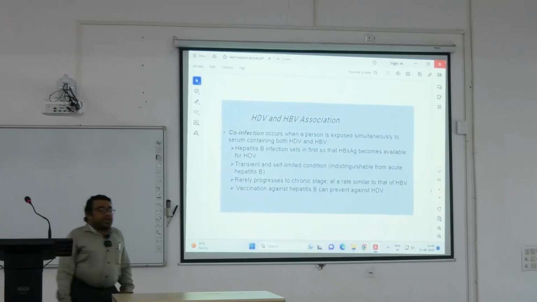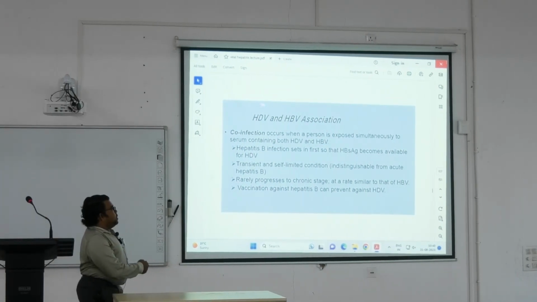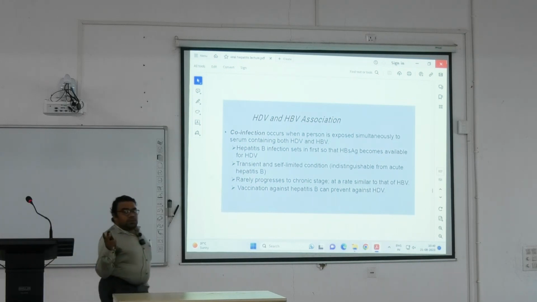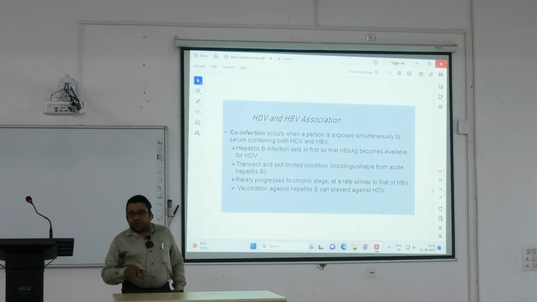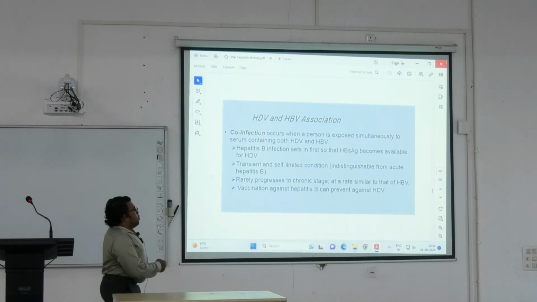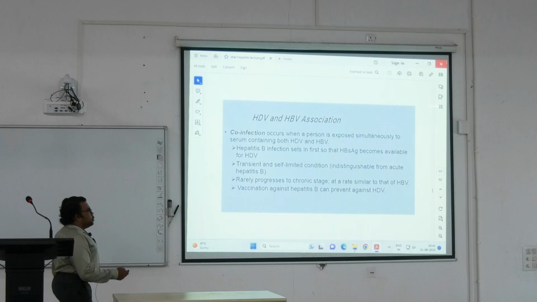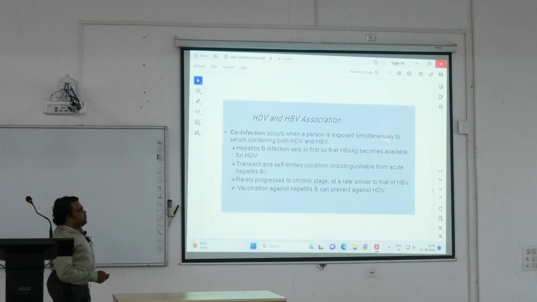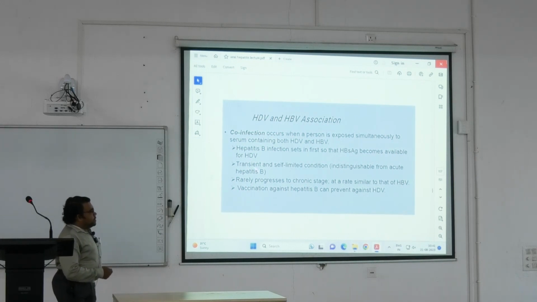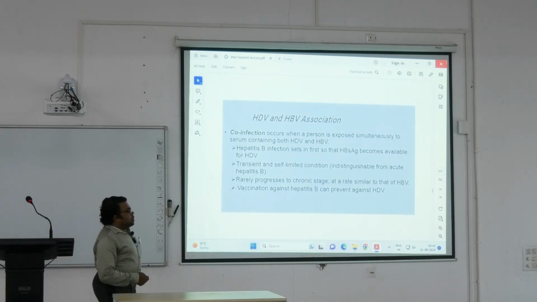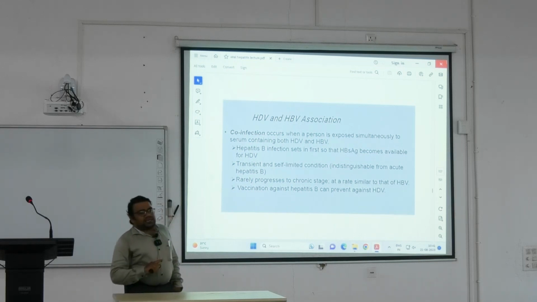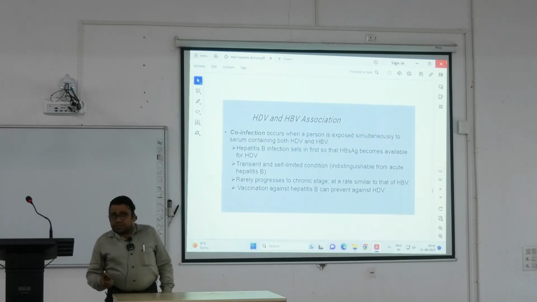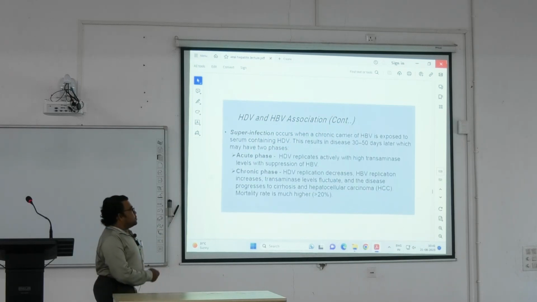Now, if it is infected along with hepatitis B virus, we call it co-infection. Co means both the infections are present at a particular point of time. So, what is co-infection? When a person is exposed simultaneously to both the viruses. The B infection sets in first, then the D infection. So, vaccination against hepatitis B virus can protect against the disease caused by D virus.